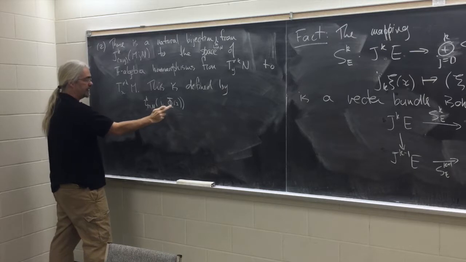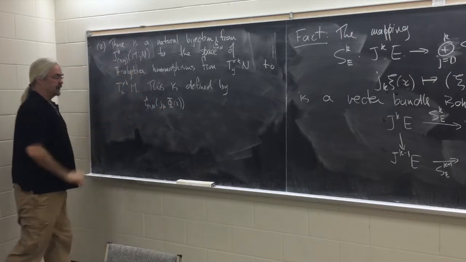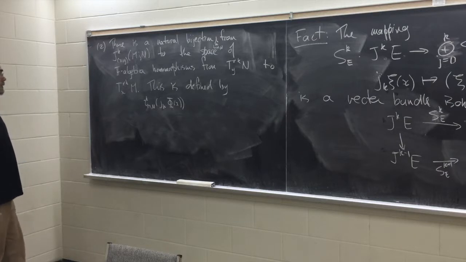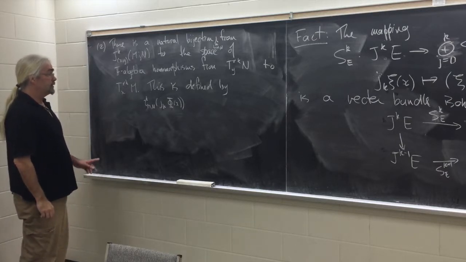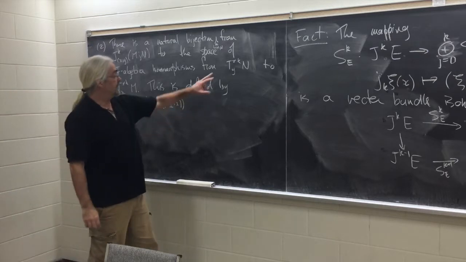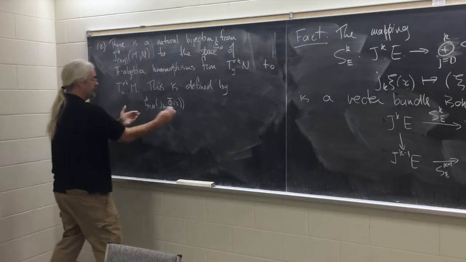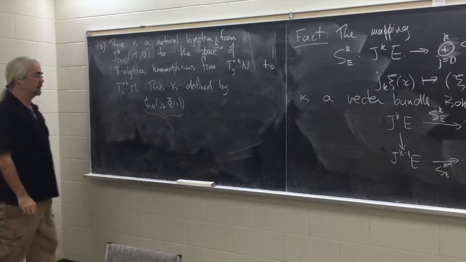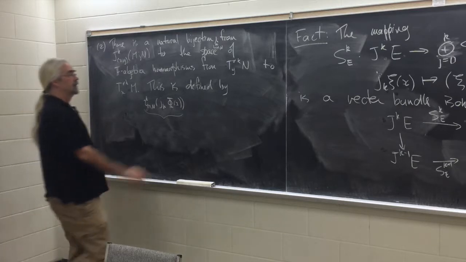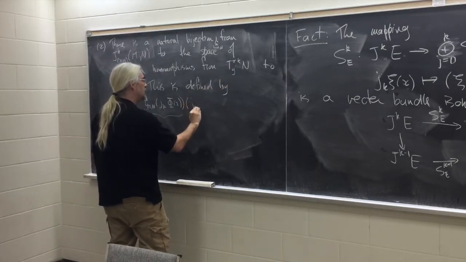Okay, and I take its k-jet and evaluate it at x. So that's going to be an element of here, and then I apply this bijection to it. Okay, so I'm telling you that this bijection is going to take an element of this to an element of this. Okay, so this thing right here wants as argument something from here. So something from here is going to look like this.